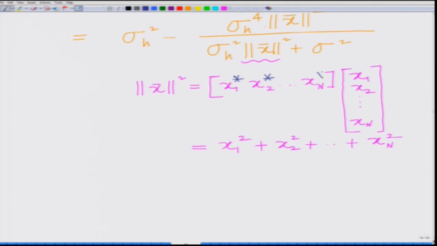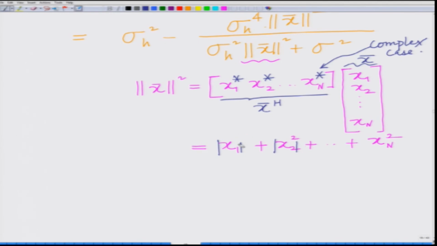this x1, x2, xn by their conjugate. So, this will become x bar Hermitian, this will still be x bar. This is for the complex case. Remember, for the real case, of course, the complex conjugate will yield the same. So, this is for the complex case, and this will then be magnitude of x1 square plus magnitude of x2 square, so on up to magnitude of xn square, and this is the quantity we are calling norm x bar square.